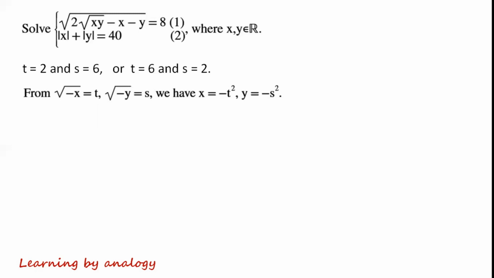From root of minus x equals t, root of minus y equals s, we have x equals minus t squared, y equals minus s squared. So x equals minus 4 and y equals minus 36, or x equals minus 36 and y equals minus 4.